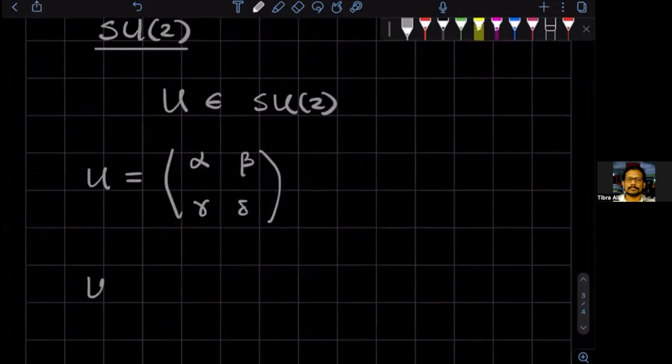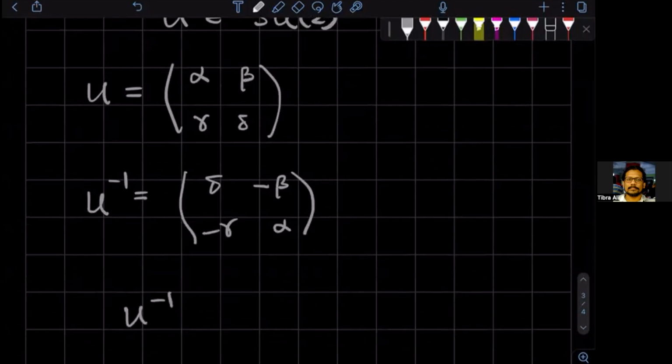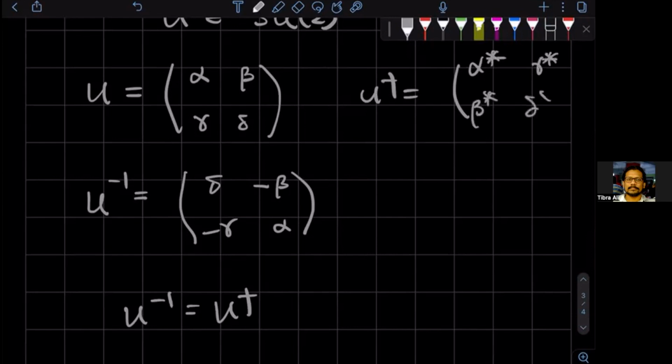Then U inverse, using the formula for the inverse of a matrix and the fact that the determinant of U is 1, is delta, minus beta, minus gamma, alpha. Okay, so U inverse is equal to U dagger. U dagger, on the other hand, is alpha star, gamma star, beta star, delta star.